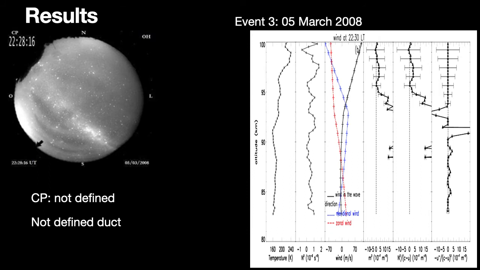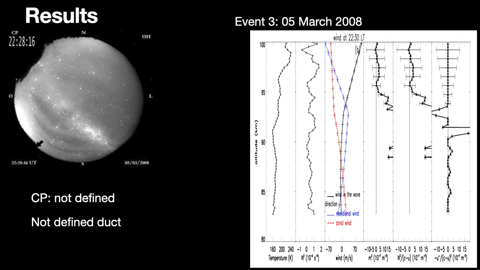The third event was an interesting case because we could observe a mesospheric front on 5 March 2008, but there were no clear images from the other emissions. We could observe only the OH airglow in the OH image.